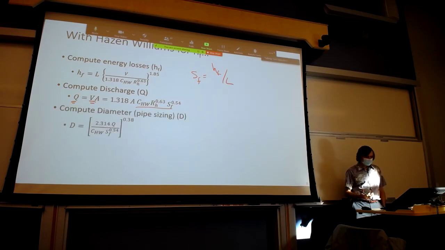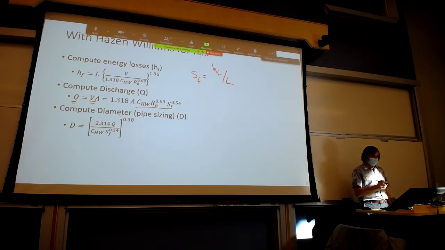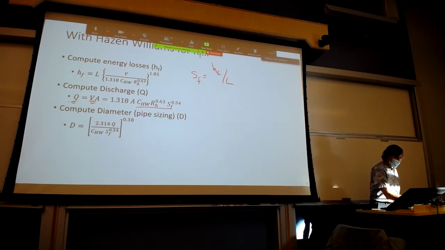And then the last class of the problems which we're working with, in which we have closed conduit piping systems and the only energy loss is due to frictional resistance, is the pipe sizing problem. So here in the pipe sizing problem, all we did was take the Hazen-Williams equation in terms of discharge.